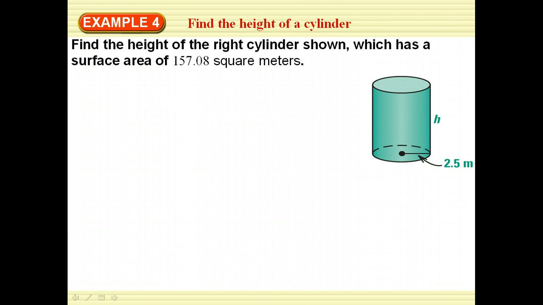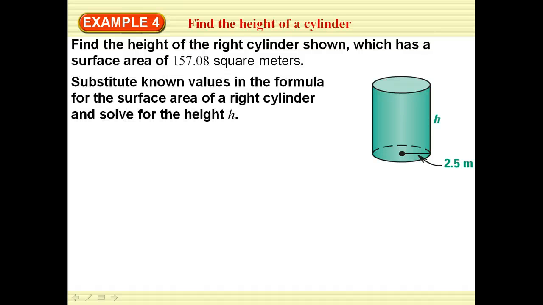So find the height of a right cylinder, which tells me my surface area. I'm going to have to use my formula again, substitute in everything, and then solve for h. So this is twice my base plus circumference times height. Once again, just using the formula for the area of the base and for the circumference, plugging in my numbers, and then that's a matter of solving this equation for h.